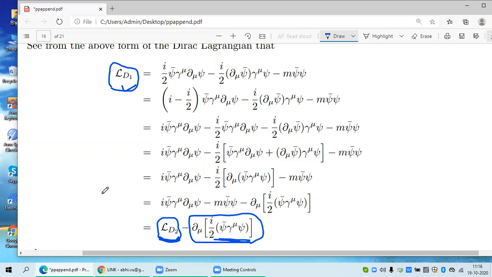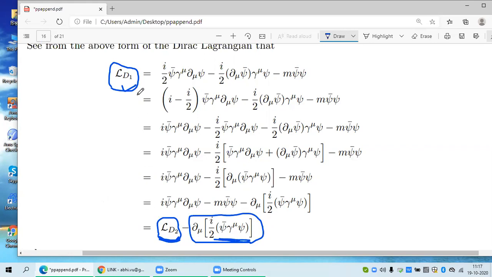Noether's theorem tells you that if you make a change in phi, and see what kind of change the field can accept so that the Dirac Lagrangian, and hence the Dirac equation, remains invariant, then that change in field will give you this kind of additive term in the Lagrangian.